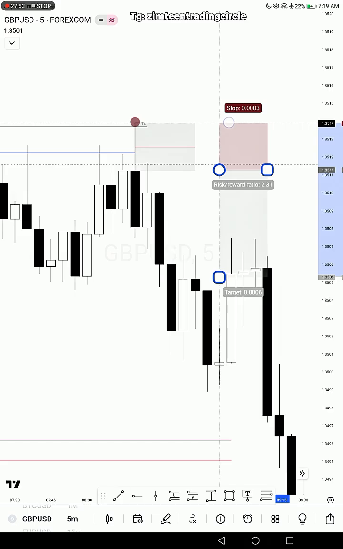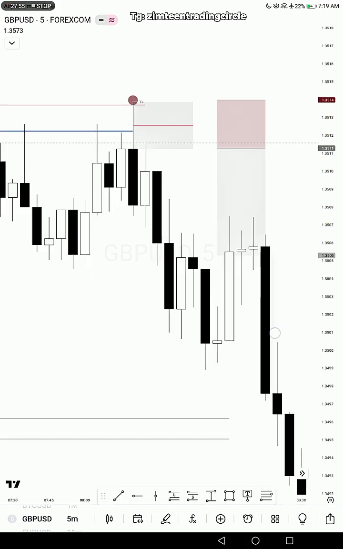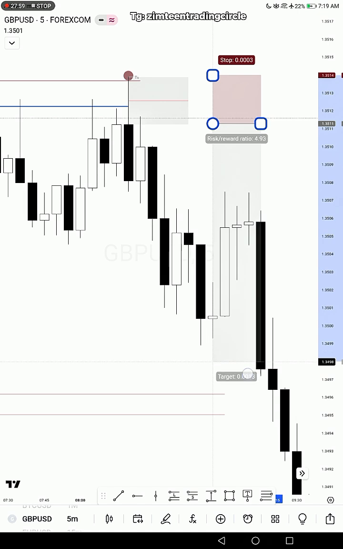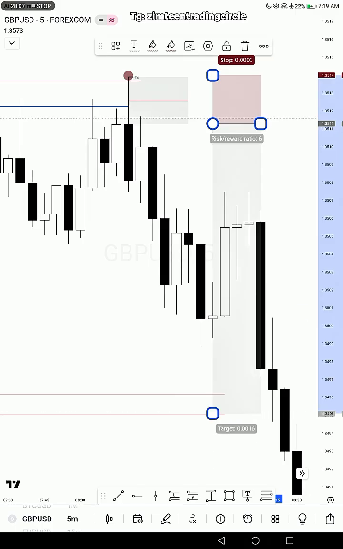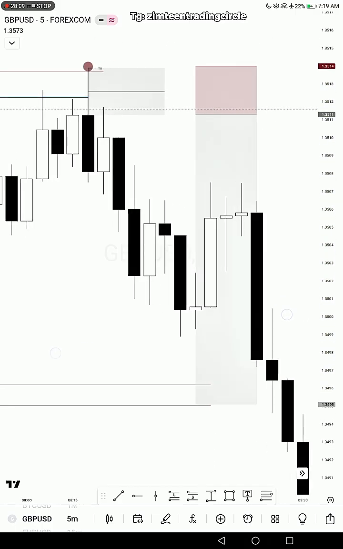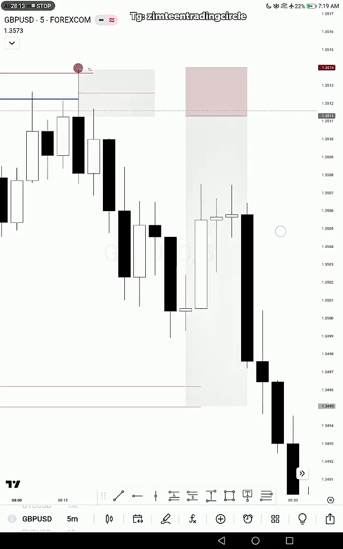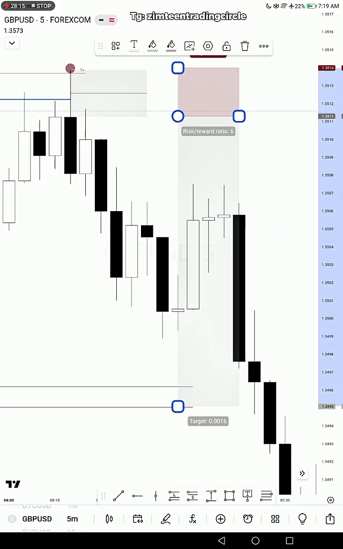Three pip stop loss, and our final target 17 pip take profit. 6 RR, that's very nice. A 6 RR trade, just 3 pip stop loss and the 16 or 17 pip take profit.